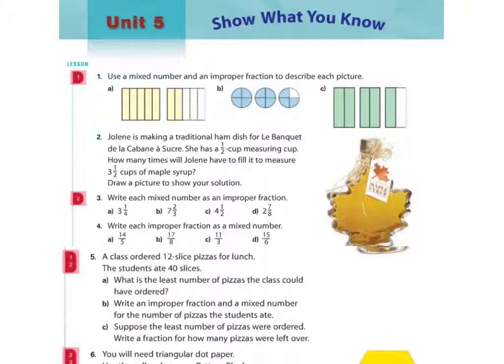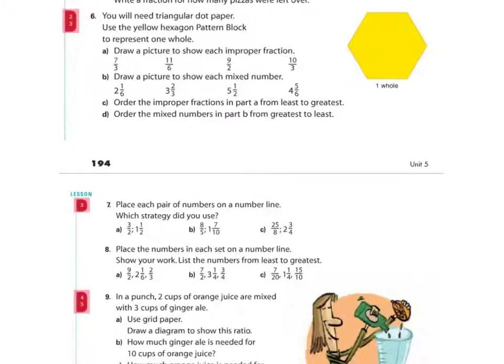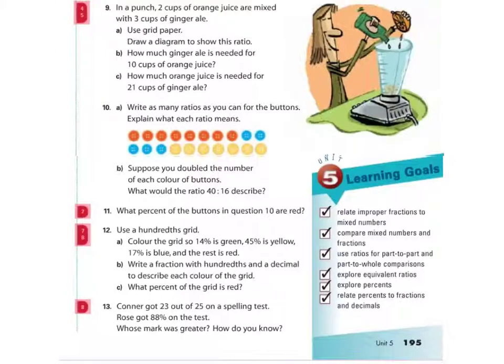And again, for those of you that forget your textbook, here are the textbook pages for you. 1 to 5, 6 to 8, 9 to 13. So once you finish the lesson, we've corrected it together, you are welcome to move on to the show what you know portion. As always, if you are stuck at any point, please ask questions.